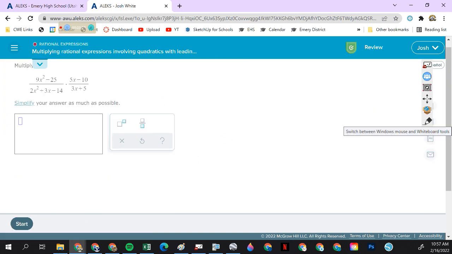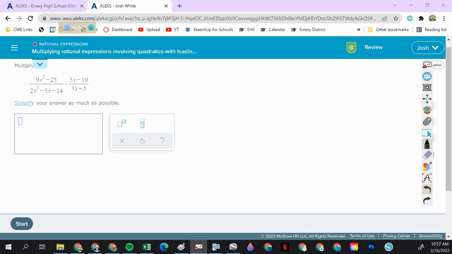Same idea here. That first quadratic looks a little weird. Can you see a way to factor 9x squared minus 25? No, I can't pull a 3 out.